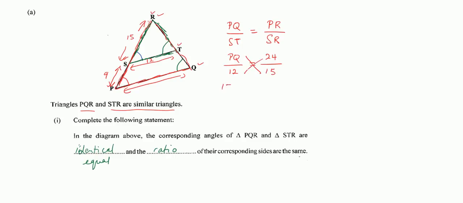So we end up with 15 PQ is equal to 24 multiplied by 12. Therefore, PQ is equal to 24 times 12 divided by 15, and we get 19.2 centimeters.